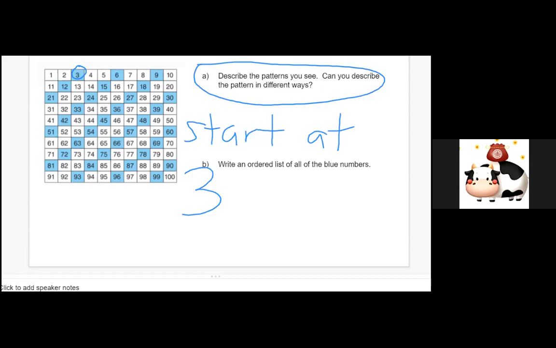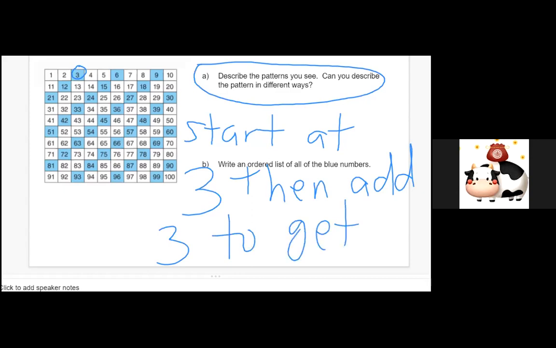Do I subtract? Add. Nice. Then add 3 to get to the next blue box. Okay? That's a good way to use words to describe this blue pattern, right? Okay, that was the answer to part A.